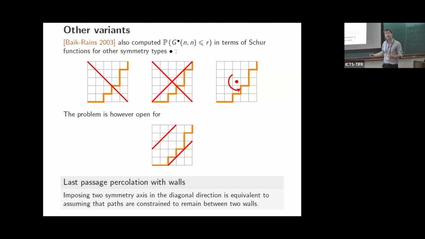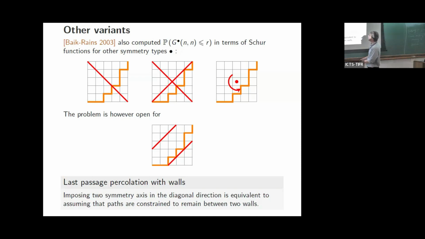There are, however, cases which are open. For instance, one can imagine many things, but what I want to talk about is what happens when you have two symmetry axes like that which are parallel. Then it's not known what is the image by the RSK correspondence and how to relate this with Schur functions. I don't understand what symmetry about two parallel axes means.